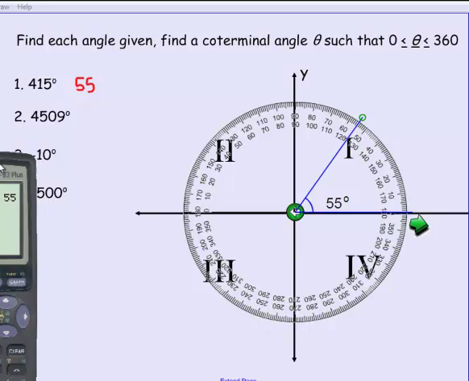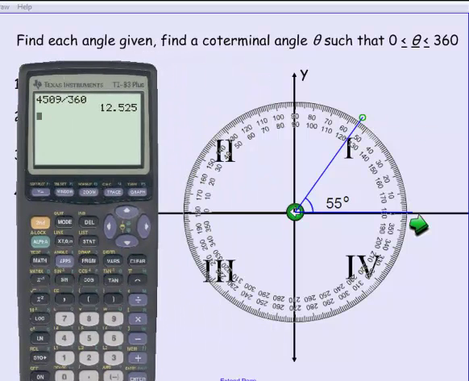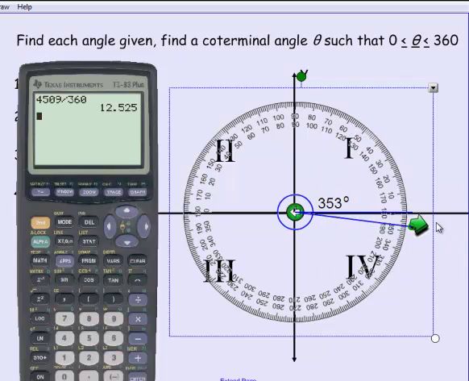All right, what's my next number? Oh, big number again. All right, let's go to the calculator. 4,509 divided by 360. So I made 12 complete rotations. Let's do 12. Oh, look, 12 rotations. I'm going to minus 12 from that. And I have to go 52% of the way, or 53% of the way.